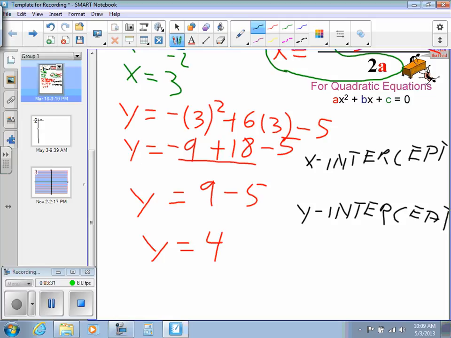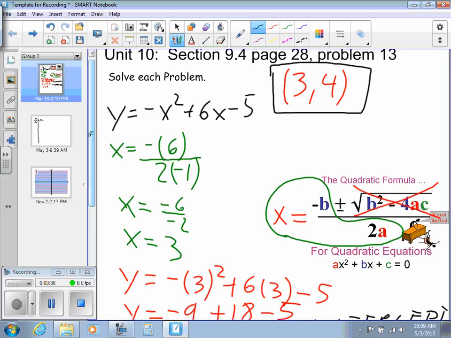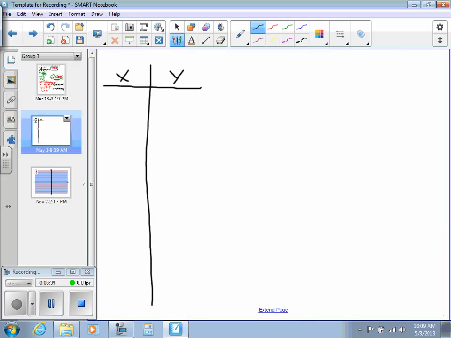Okay, and before I go too far, I should go ahead and put (3, 4) into my t-chart. Again, it goes in the middle because it's the vertex. So x is 3, y is 4.